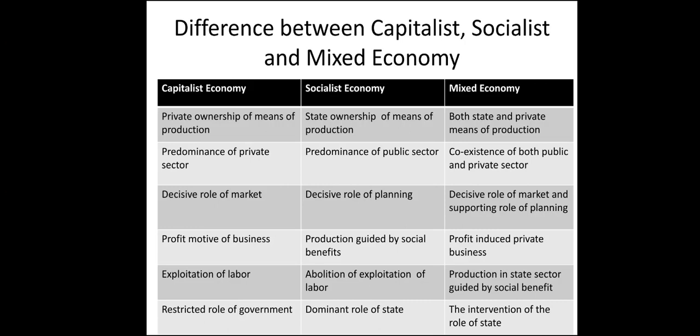Next is, in capitalist economy, there is a decisive role of market. In socialist economy, the decisive role of planning. And in mixed economy, it is the decisive role of market and a supporting role of planning. So capitalist economy goes as the market moves, and the main part of capitalist economy is the price mechanism or the profit motive.